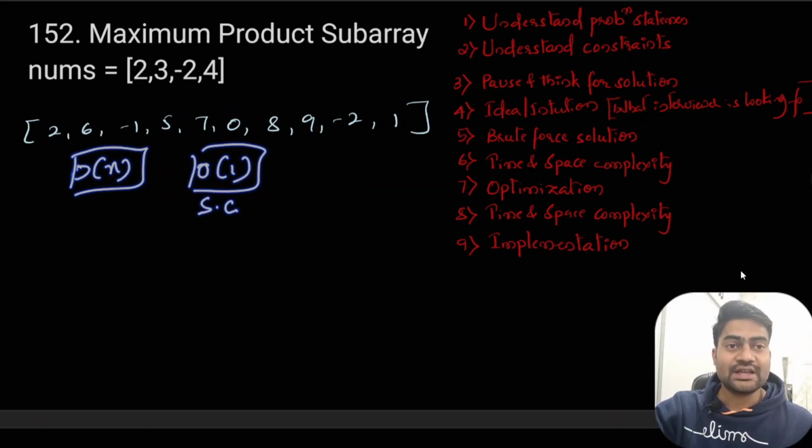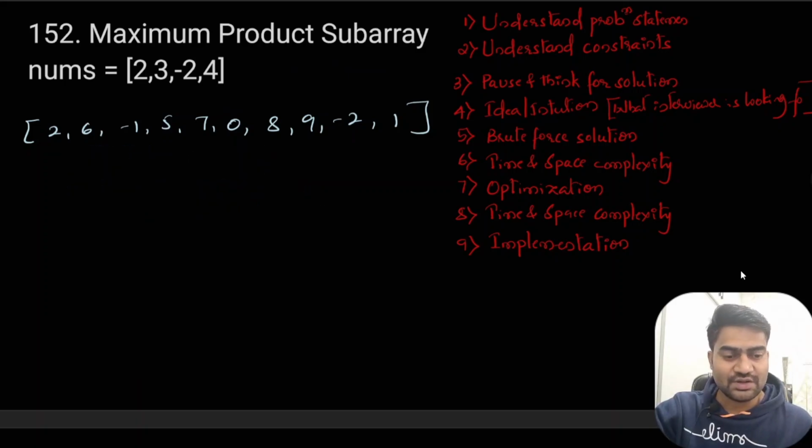If you have already watched my previous video, the maximum subarray sum video, you already know how to come up with the maximum sum. This is a slight variant, not exactly different, somewhat similar. There we were finding the maximum sum, but here we are trying to find the maximum product.